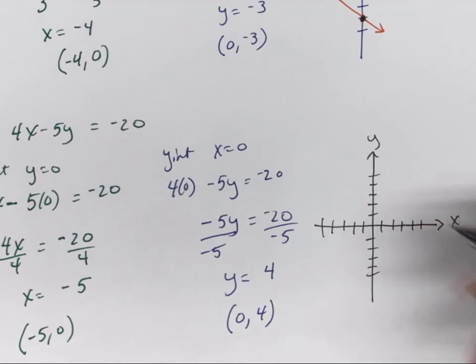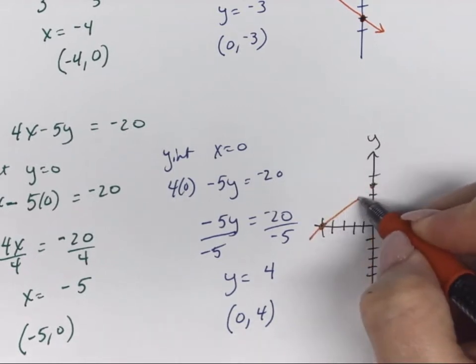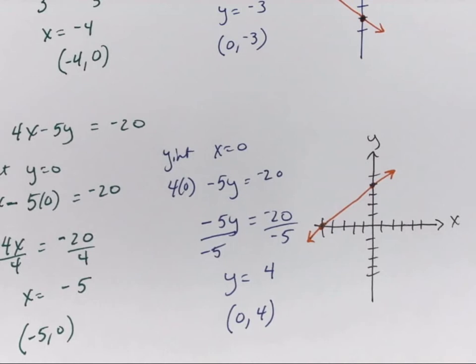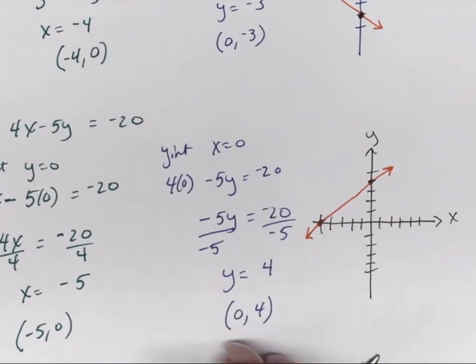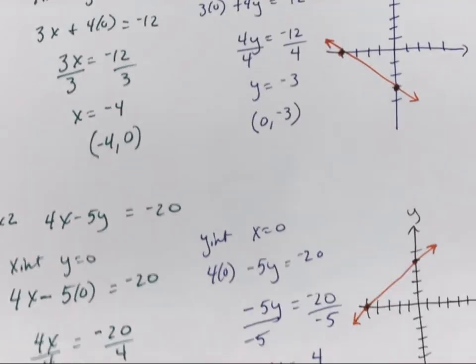So we have at negative 5 for the x and at positive 4 for the y. Draw our line and put arrows on either end. So now we're going to look at graphing those vertical and our horizontal lines. Now, if you're asked to graph with a slope, that's one thing, but if they ask for those intercepts, you have to use the intercepts.